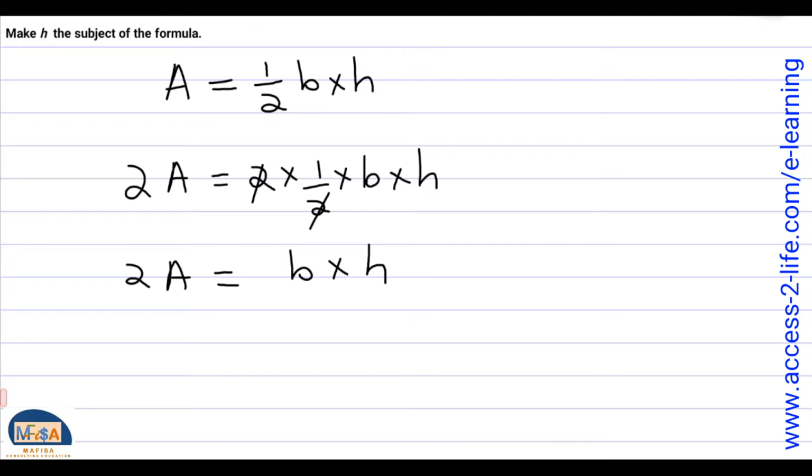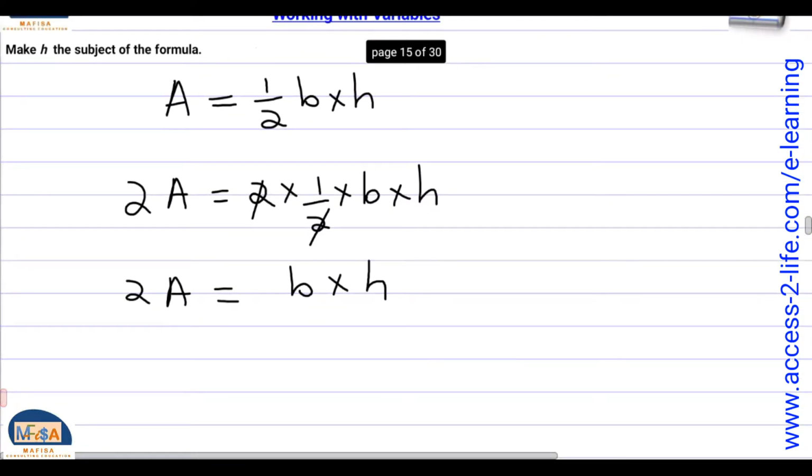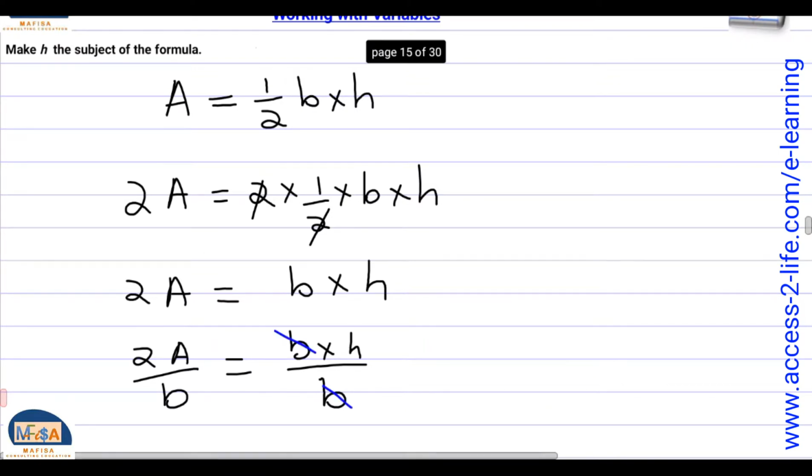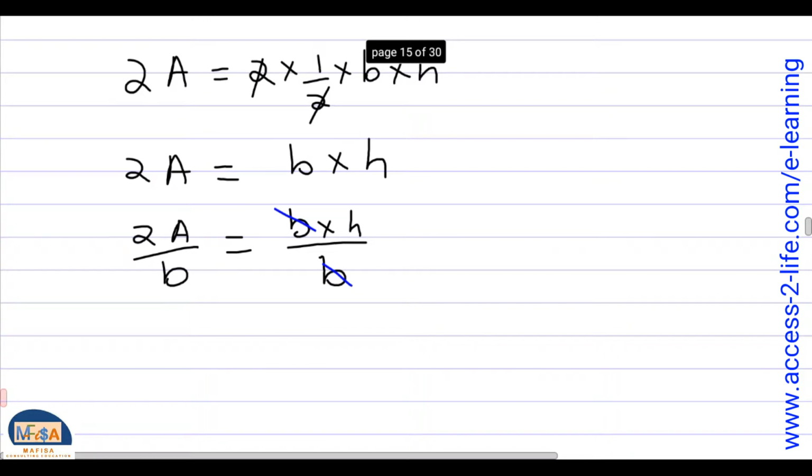So now what we have is 2a divided by b is equal to b times h divided by b, and as we said earlier, the b's will cancel out. Then what we have is that our h is equal to 2a over b.